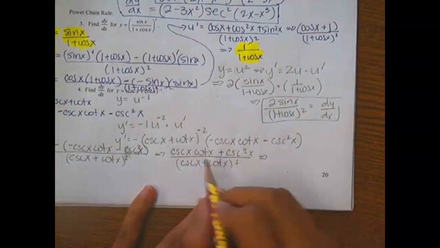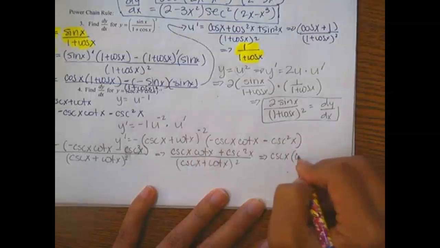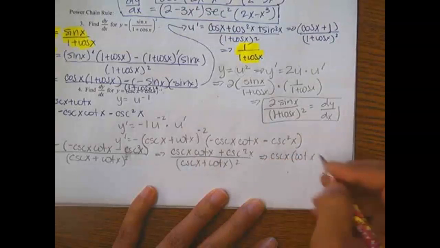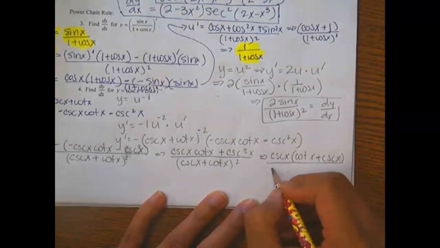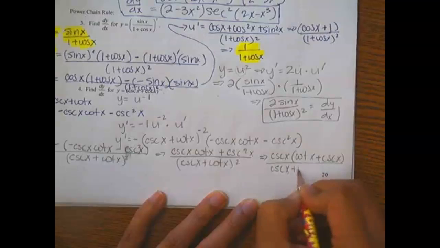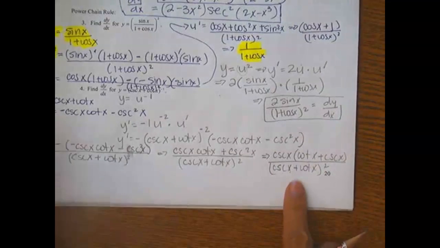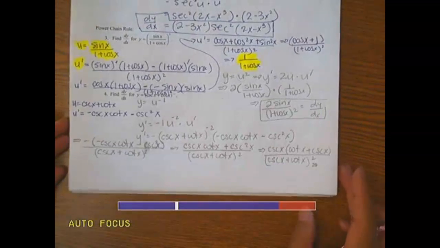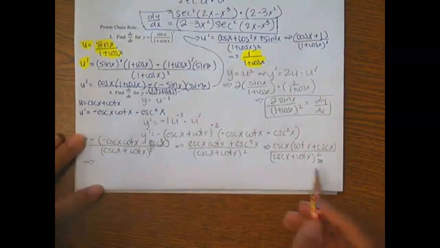From here, I'm going to factor out cosecant of x. I'm left with cotangent of x, and there's an extra cosecant of x here, all over, oh great, I have cosecant of x plus cotangent of x, but then I have 2 of these. Because I have 2 of those, one of them can cancel the other. So from here, here we go.